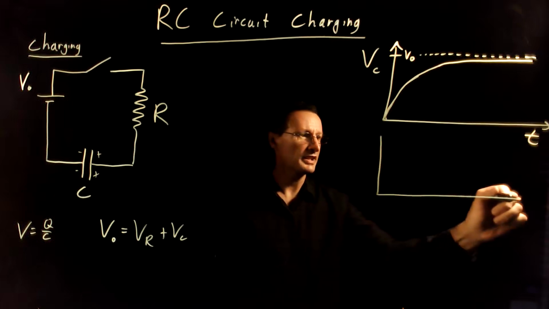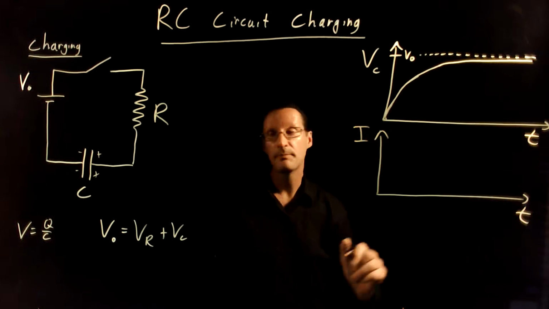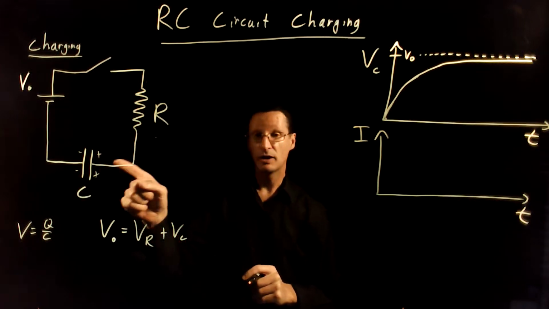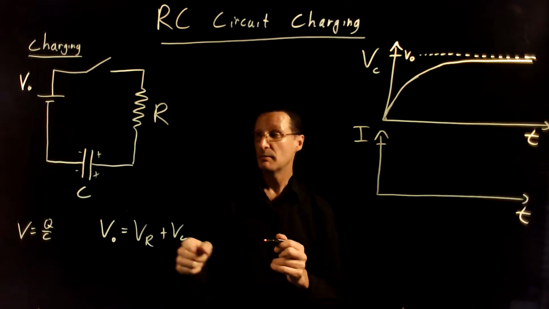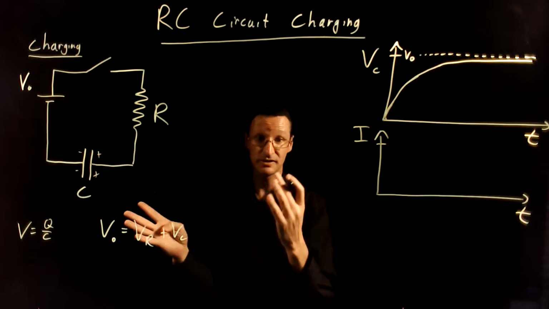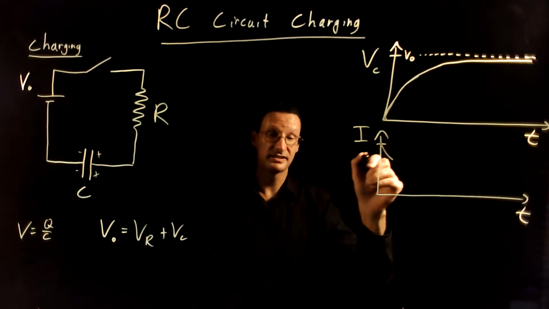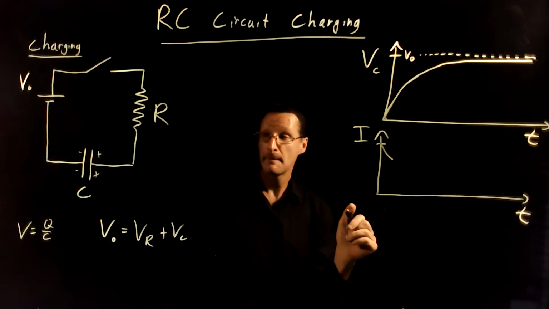Well, let's look at the current that flows as a function of time. When I first turn this on, charge is very happy to go on this plate, right? And so the current is very large and positive. But over time, it's hard to convince new charges to go on there because those charges are repelling each other. And so the current decreases, right? The motivation for the charge to flow becomes less and less.